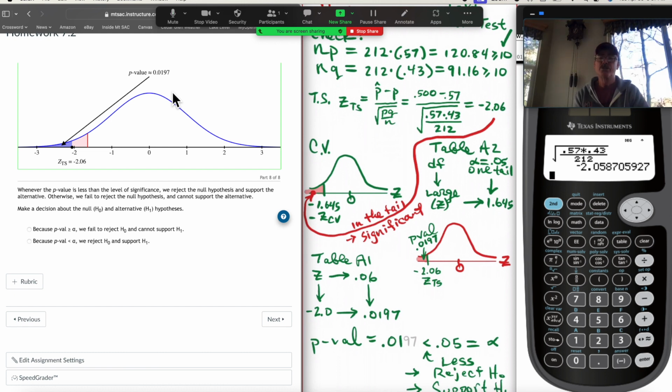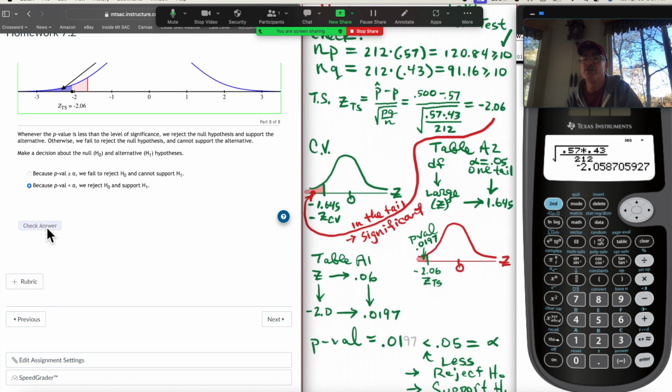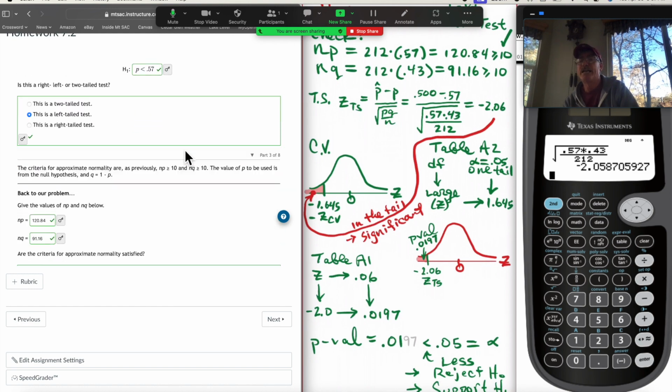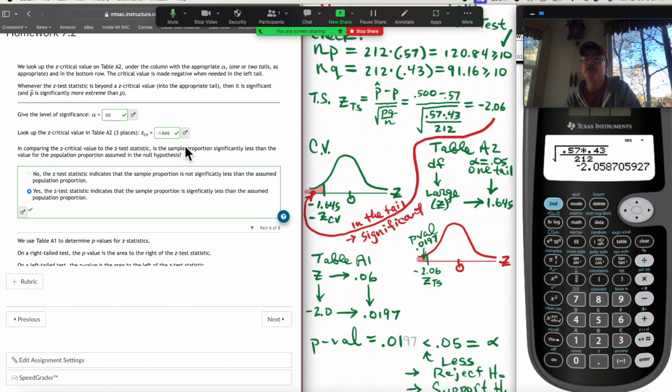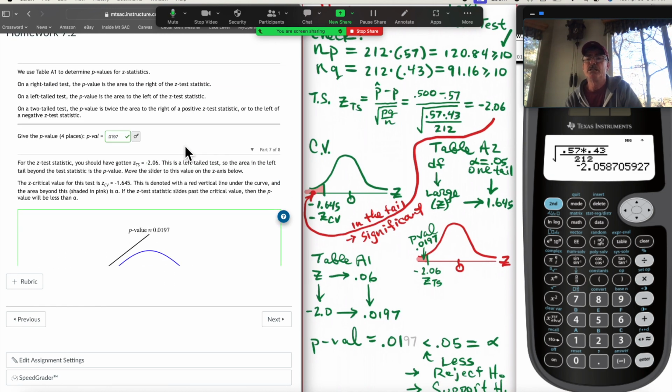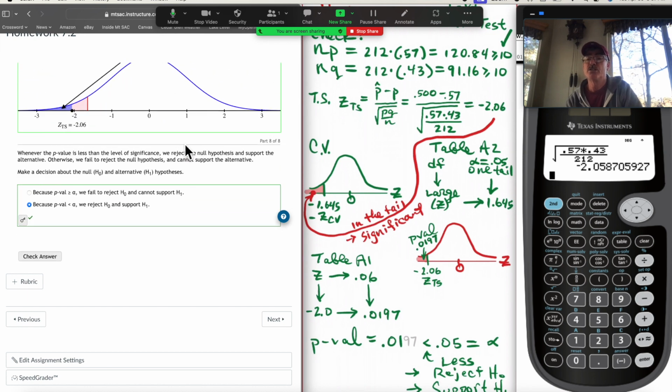Okay, so here, because the p-value is less than alpha, we reject the null hypothesis and support the alternative. So just clicking on that, that's all you have to do on this one. We don't have to write out a conclusion here, because there's not really a context to this problem. So we'll just leave it at that.